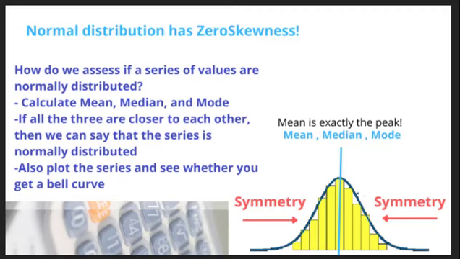So just draw it. There is one more point here called skewness. A normal distribution has zero skewness. It means 100% symmetry, 50% on the left and 50% on the right.